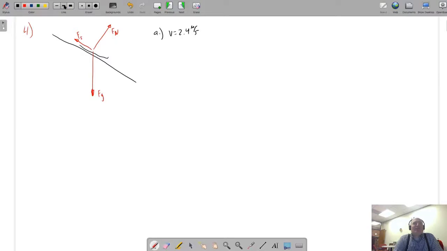There's a distance of 21 meters. Just from the definition of velocity as displacement over time, the time it takes to get down there would be the distance divided by the velocity. You're going 21 meters at a speed of 2.4 meters per second. That's 8.75 seconds. Because there are only two significant figures given in the values, 8.8 seconds would be an appropriate amount of time.